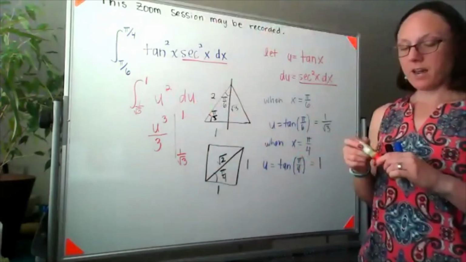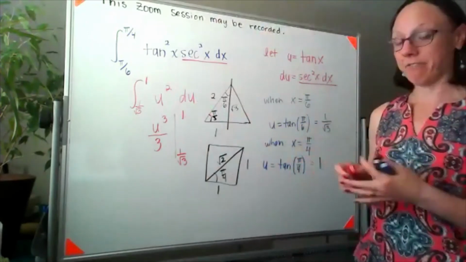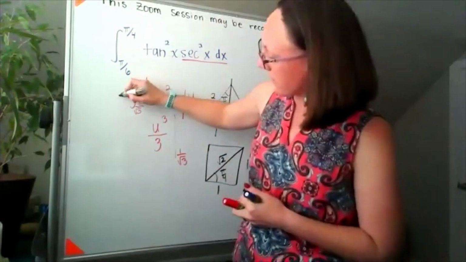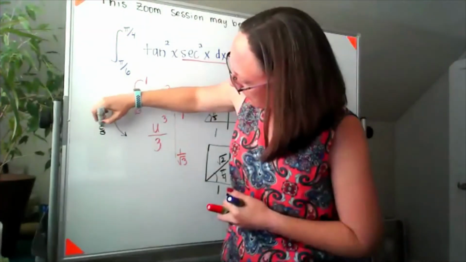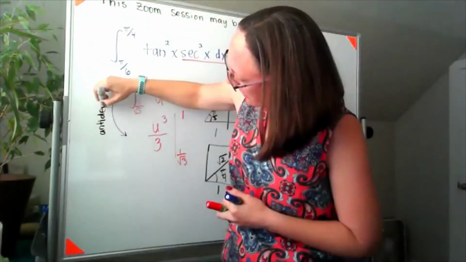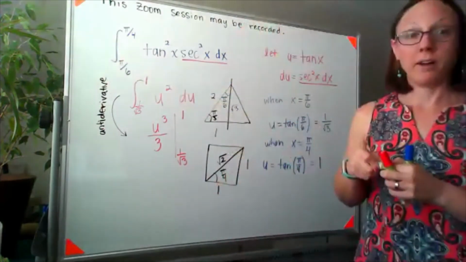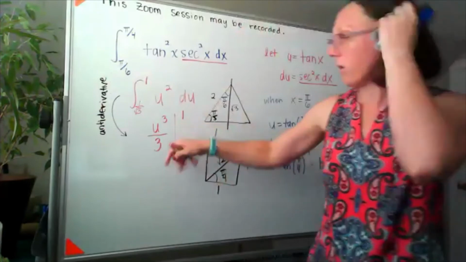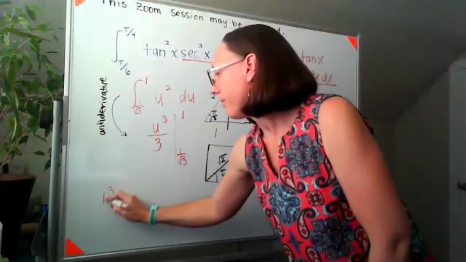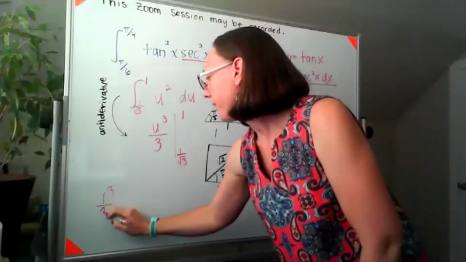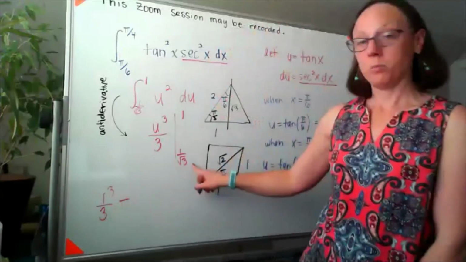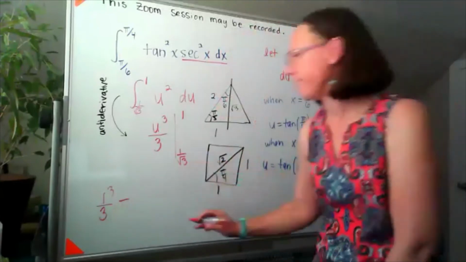So my final step in terms of evaluating the definite integral, so we found the antiderivative, and now we're going to plug in the bounds. So I'll plug in the 1. And plug in the 1 over square root of 3.